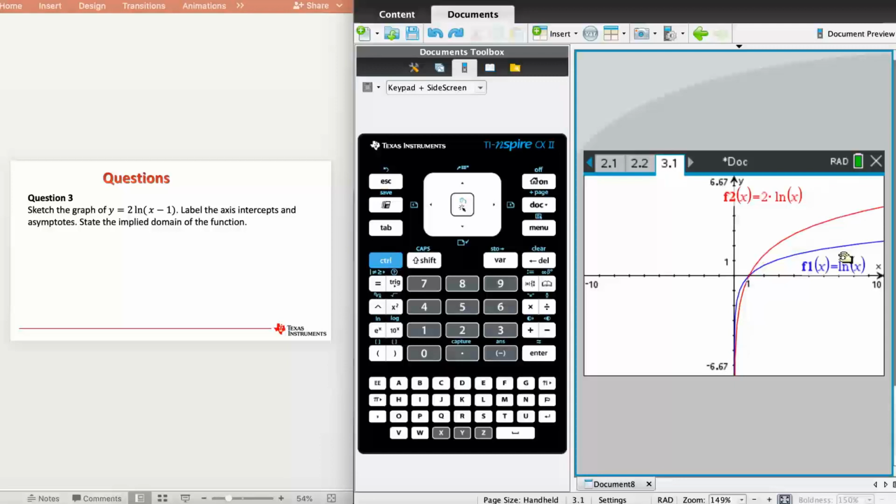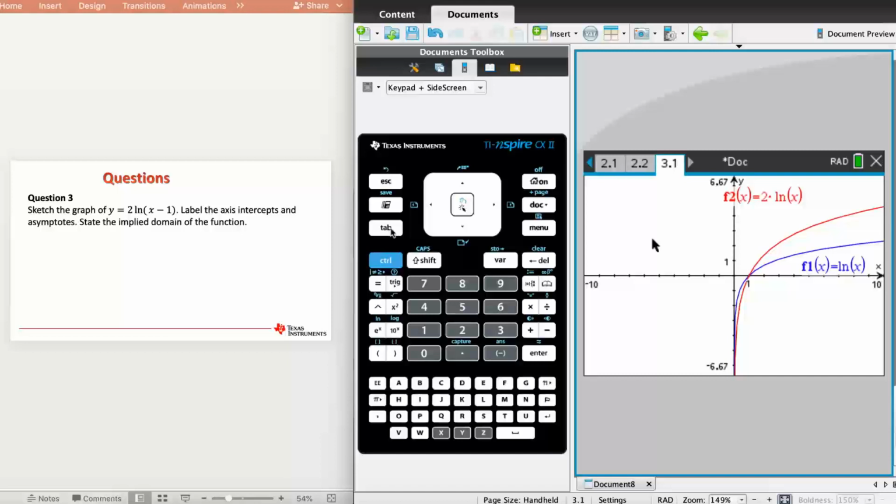Both of these graphs pass through the point 1, 0. The value in front of natural log appears to be a dilation in the y direction, which is a similar transformation that you will have discovered in all of the functions that you have looked at throughout the mathematical methods course.